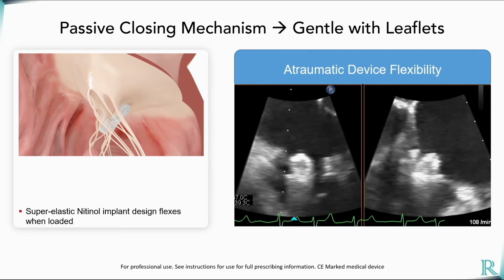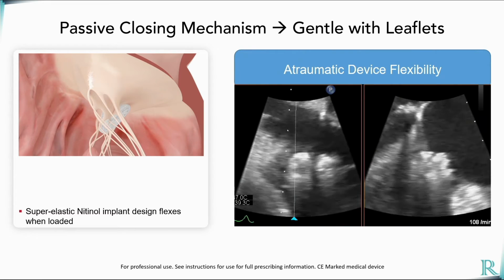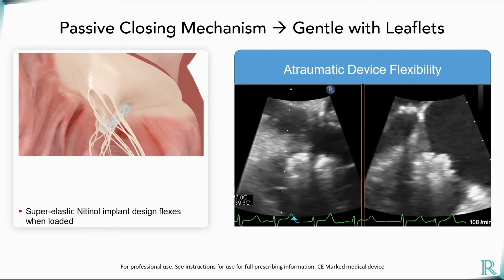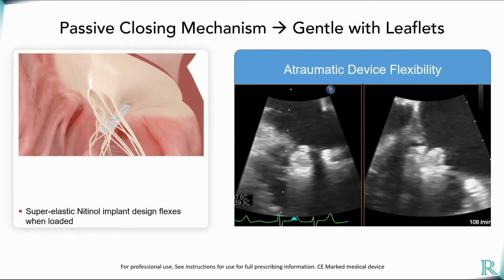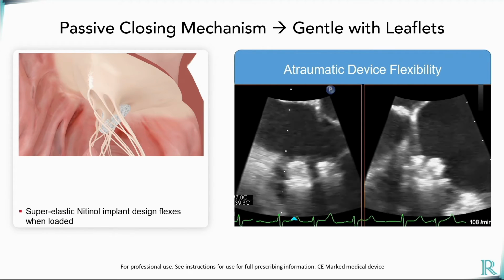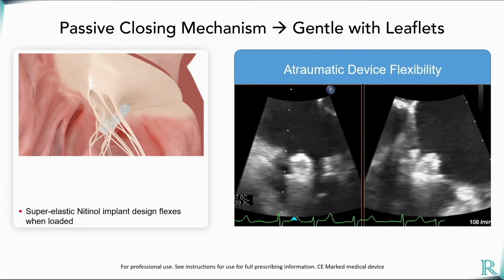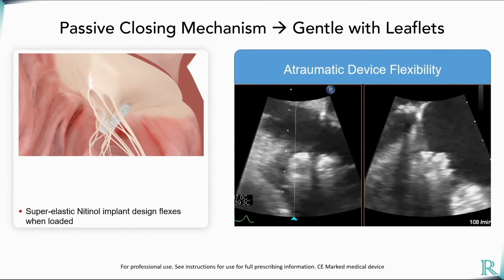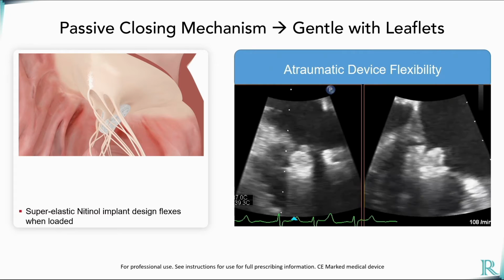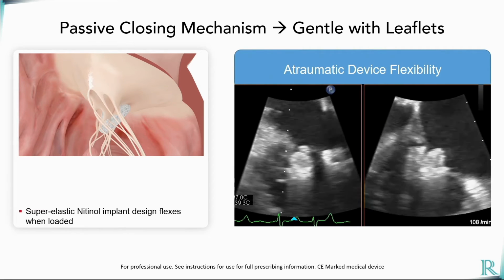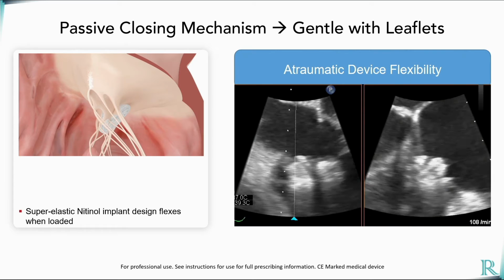And now you can also appreciate that on echo after an implant into the tricuspid valve, and you can see that this device opens and closes slightly throughout the cardiac cycle. Two advantages: first, larger orifice area during filling; secondly, less traumatic or less vulnerable to the leaflets. It reduces the stress on the leaflets.